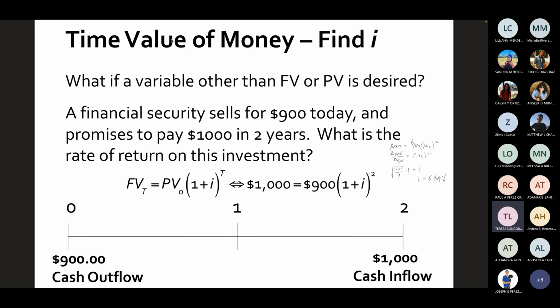And that's not so difficult. However, there are problems that we're going to solve that are more complicated for isolating I, and that happens when we're looking at more periods. We're just looking at 2 here.